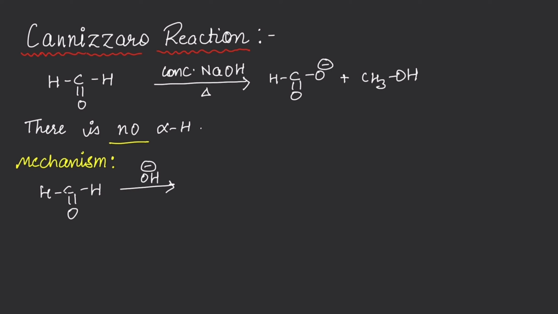Whenever this base attacks this carbonyl group, a nucleophilic addition reaction occurs. The OH minus attacks this carbon atom, the C=O bond shifts, so it should be like this: negative charge on the oxygen atom, there is H, and OH attacks this sp2 carbon.